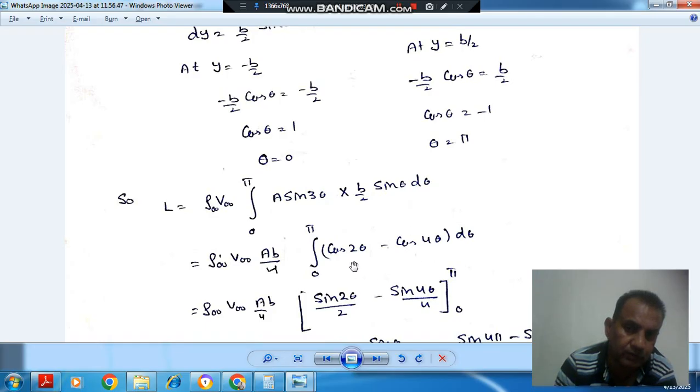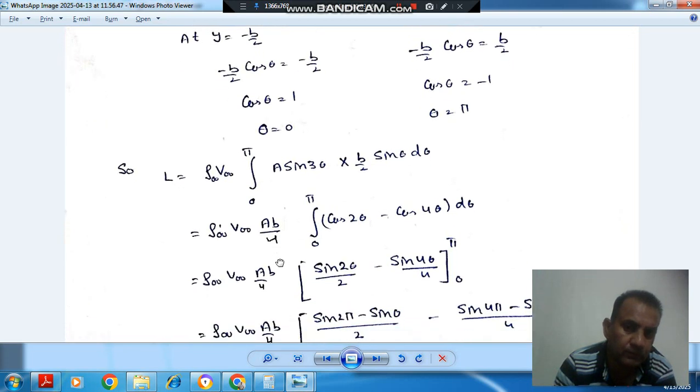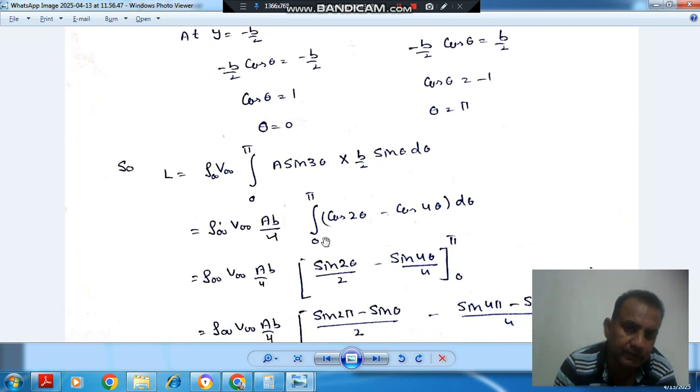So it will be cos 2θ minus cos 4θ, divided by 2. First we will change sin 3θ sin θ into this form, so it will be easy to integrate.